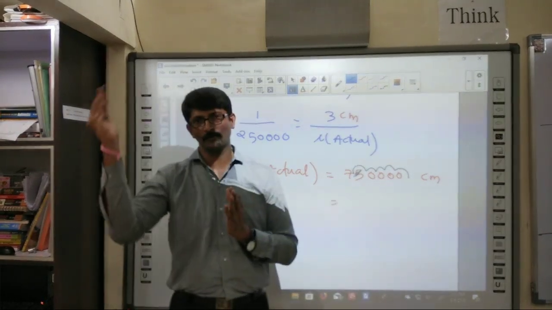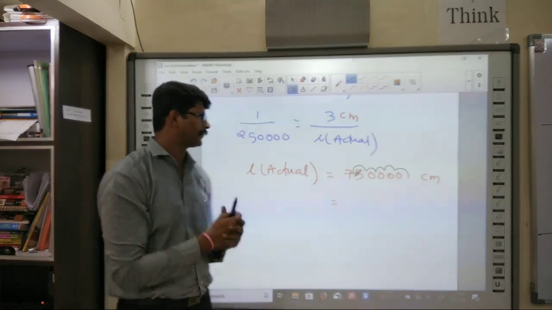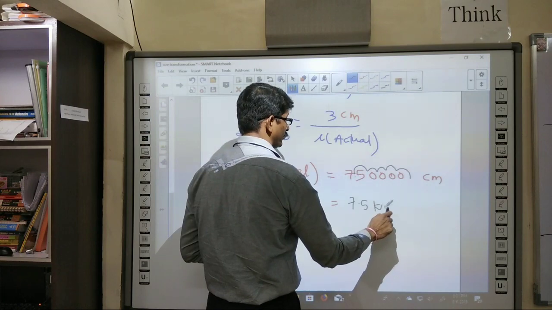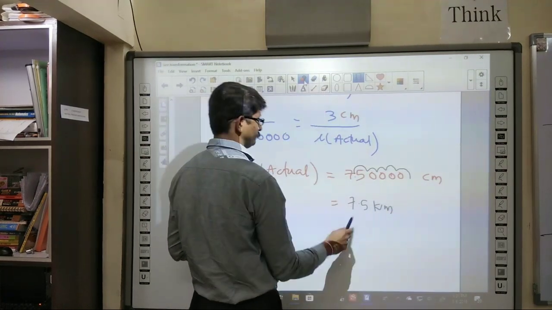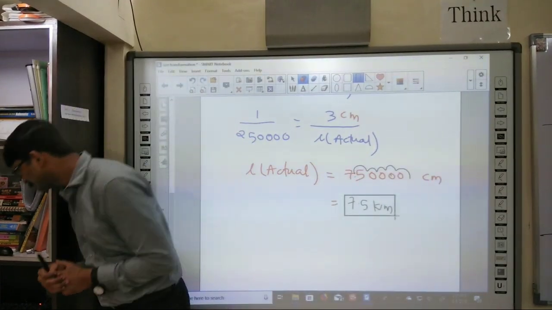So whenever it is 10 raised to power minus 5, we will go to the left. So that is 7.5 kilometers. I hope you have understood this. In case not, put the doubt in the comment box.